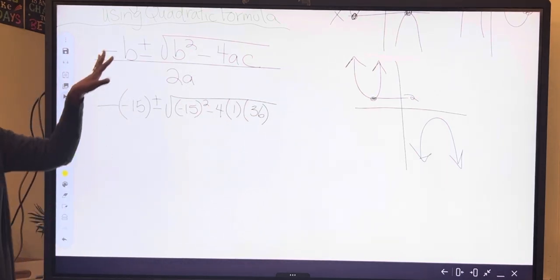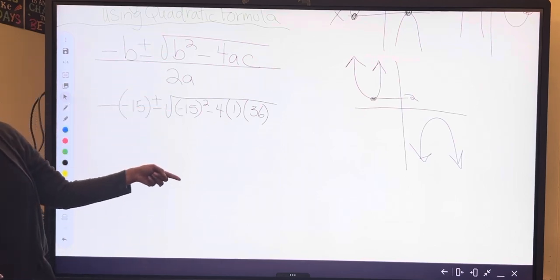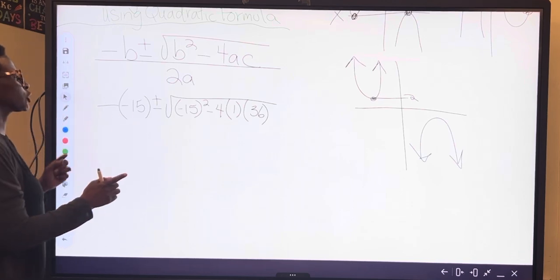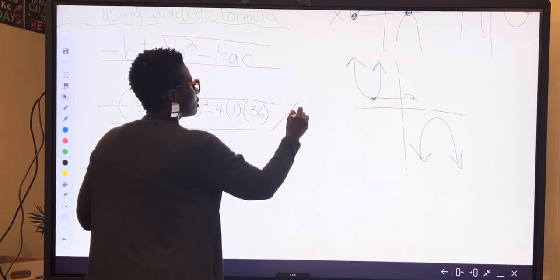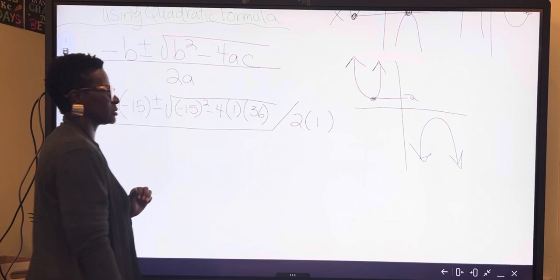Now watch this. This can take up a lot of paper, because look at it vertically. So what I tend to do is I like to do it horizontally. All over 2 times, what's our A? 1.